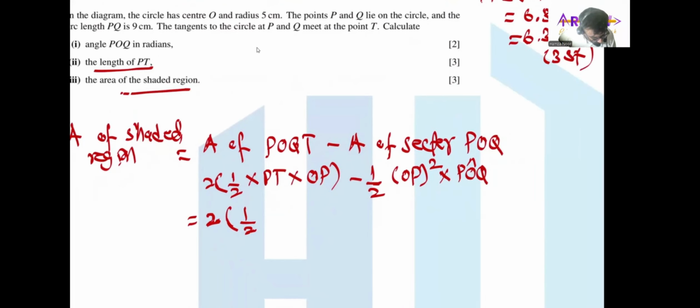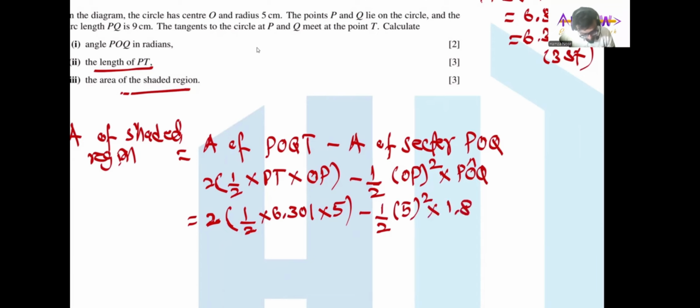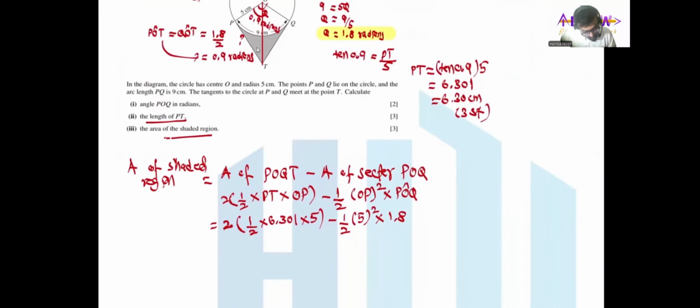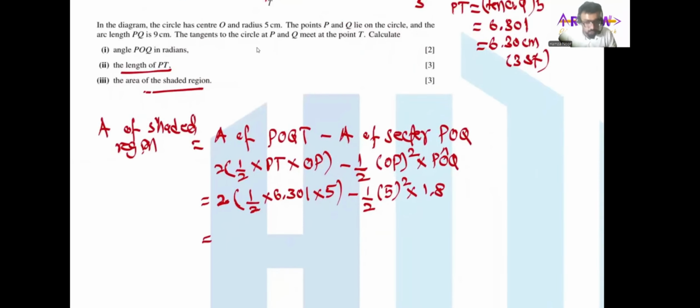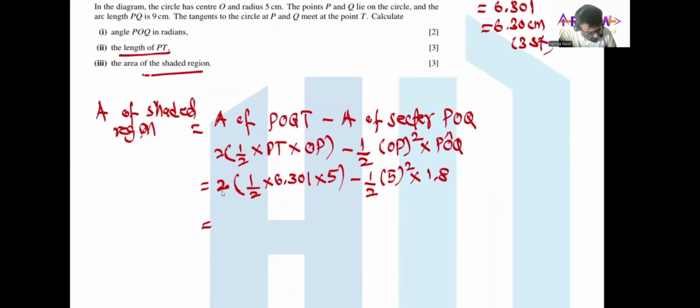So PT is taken as 6.301 multiplied by OP length, which is 5. Then we subtract the area of the sector: half multiplied by 5 square into the angle POQ, which was 1.8 radians. So this 2 and 2 cancel out. 6.301 multiplied by 5 will be 31.505 centimeter square.